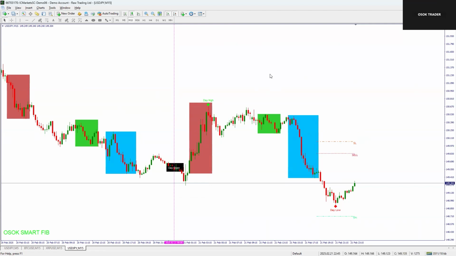So this allows you to understand what you should expect in price: price should go back to this level and then give you a sell, right? It doesn't get any more straightforward than this. So basically the core of this is that price should pull up to this level and sell.